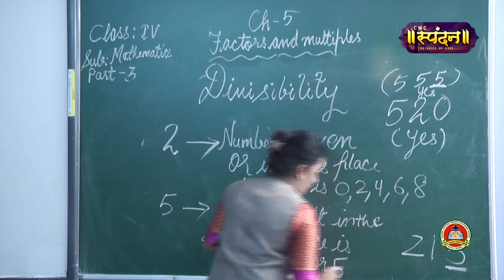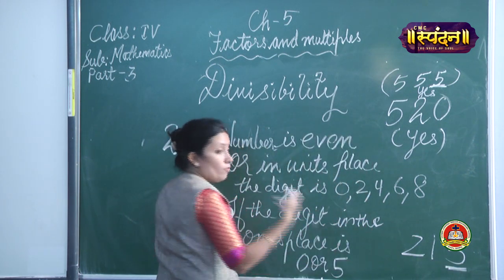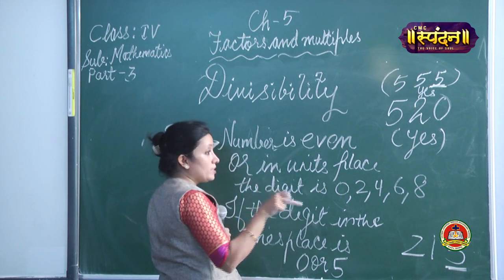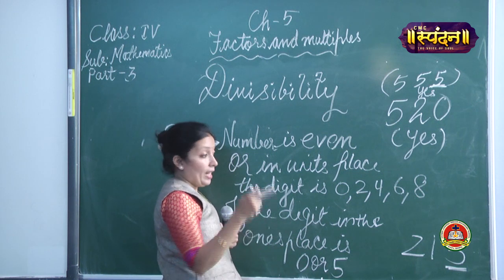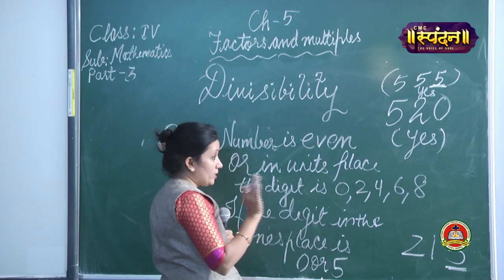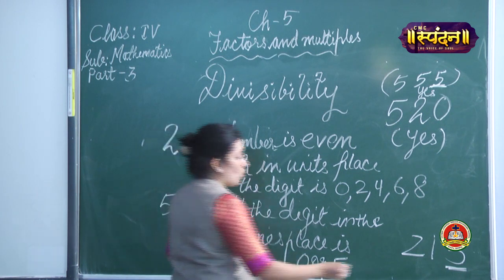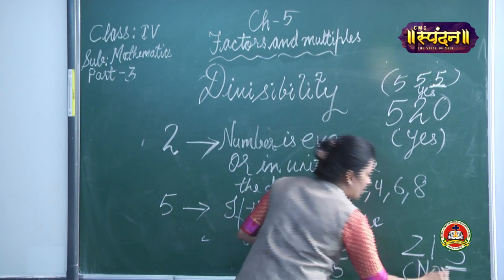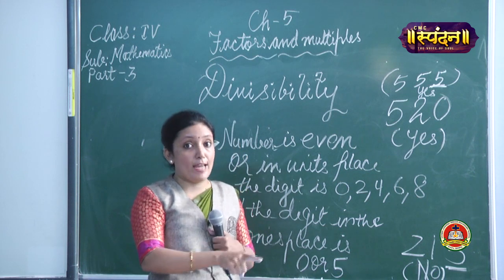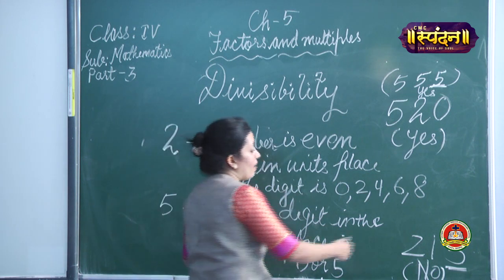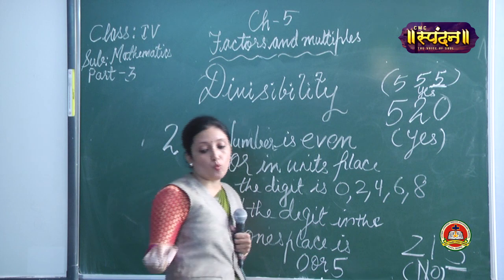Only 3 is there, and I am asking you for 0 or 5 only. So this is totally no. It is not divisible by 5 because it does not have 0 or 5 in its ones place.